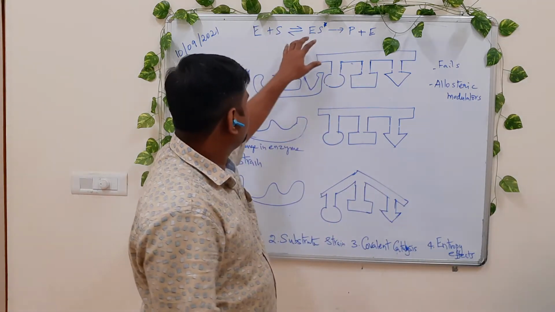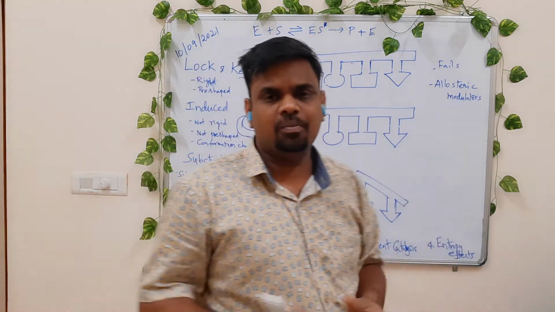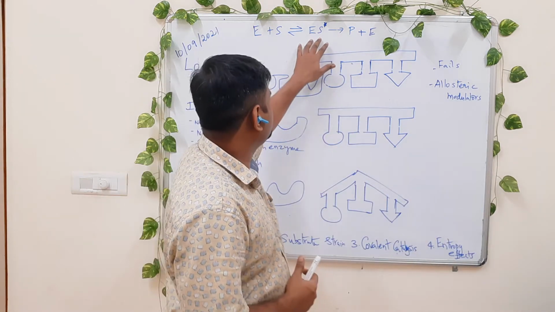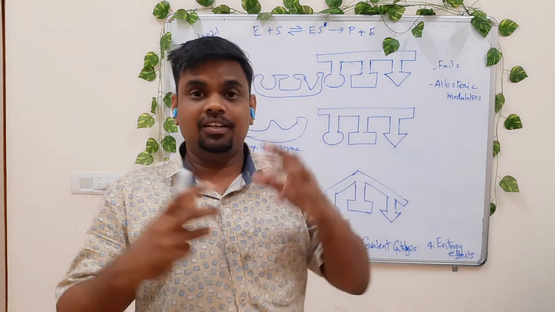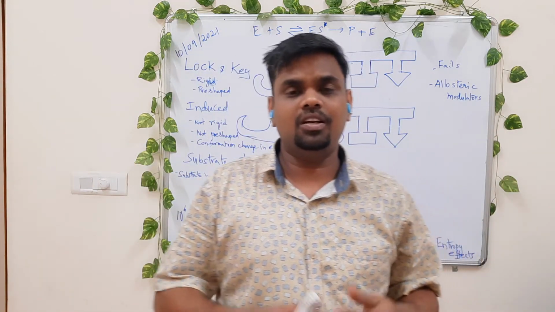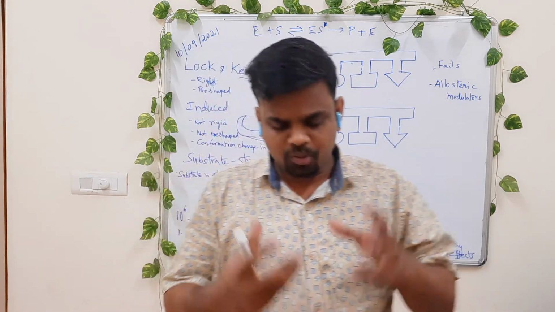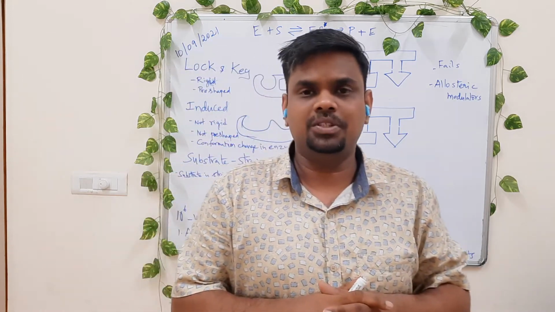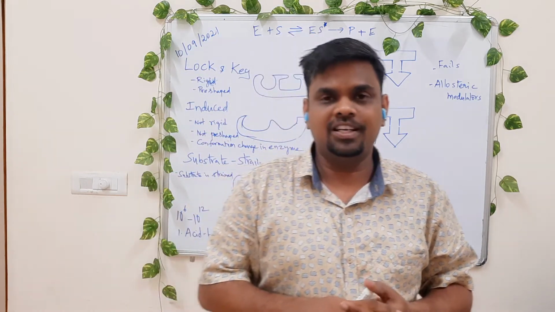Now, several mechanisms have been proposed for what is happening during ES formation, because there are a number of enzymes and so many substrates available, but only certain enzymes react with a certain substrate to catalyze the reaction, right?